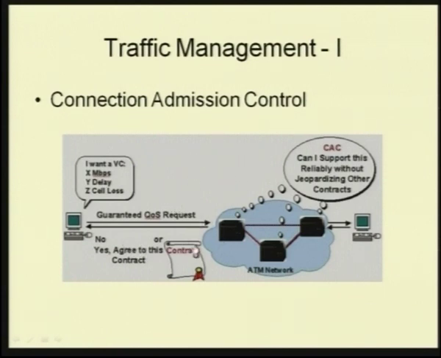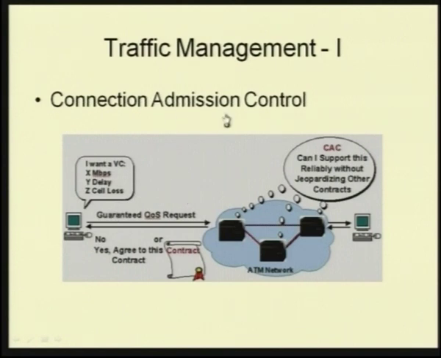If it says yes, then it agrees to the contract and now data can be sent. Otherwise, it says no, I cannot provide this particular contract, which means this connection will not be admitted. So, there is no question of admitting a connection and not providing the services. You make sure that you are able to guarantee the requested quality of service before you agree to the contract.